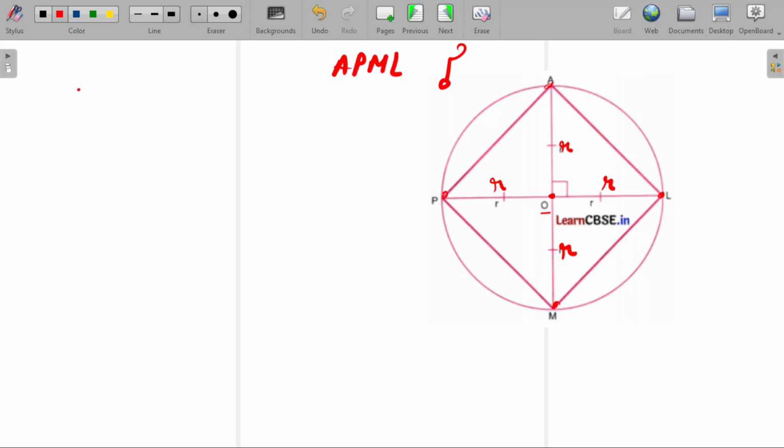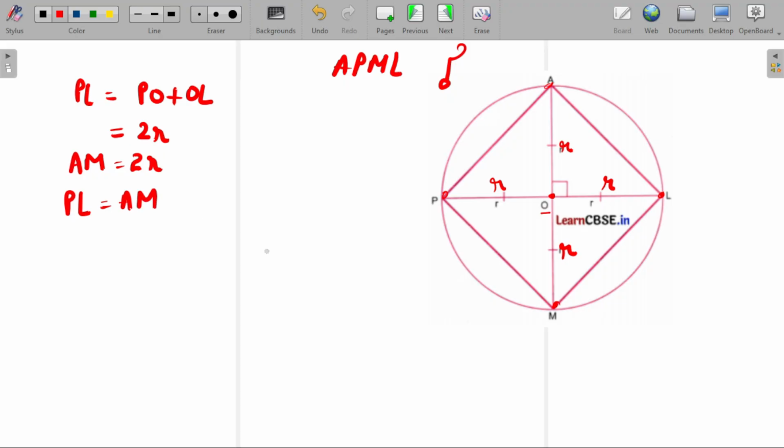So what is the length of PL now? PL is equal to PO plus OL. This is 2R. Right? And same AM is also 2R. What is this defining? This is defining that PL is equal to AM. That means the diagonals are equal, right?